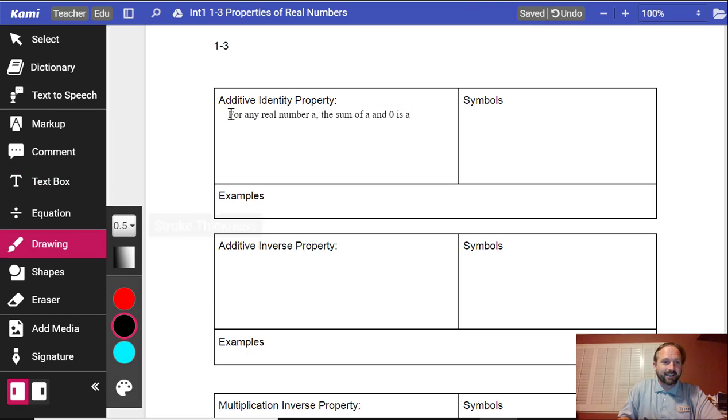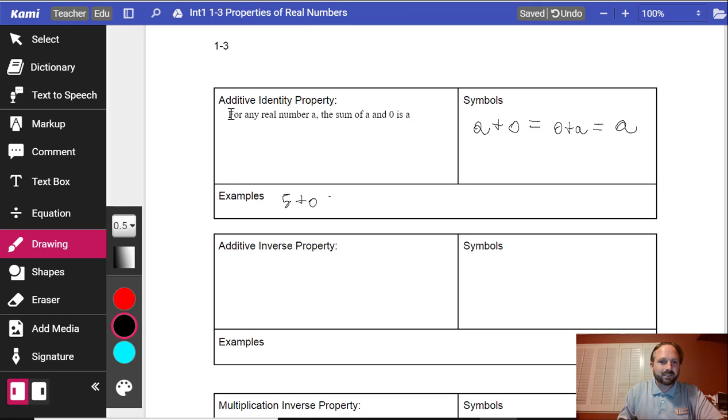Let's write it in. A plus 0 is equal to 0 plus A, which is equal to A. Whichever way they're moved around, it doesn't matter. It's equal to A.